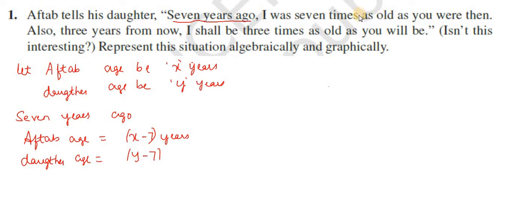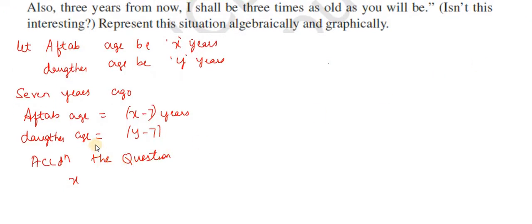According to the question, we can write that Aftab's age is equal to 7 times the daughter's age. What is Aftab's age? x minus 7. This is equal to 7 times the daughter's age, so 7 into y minus 7. Okay, simplify this.